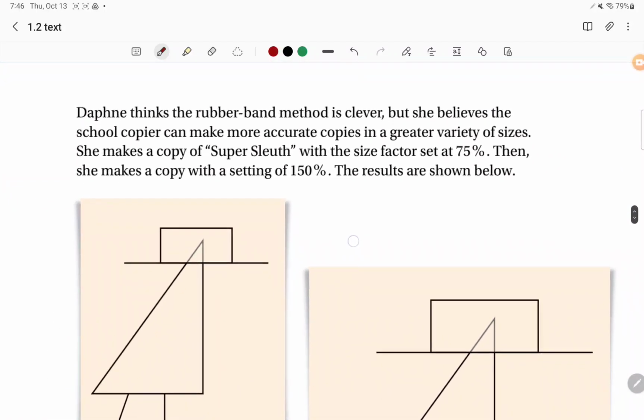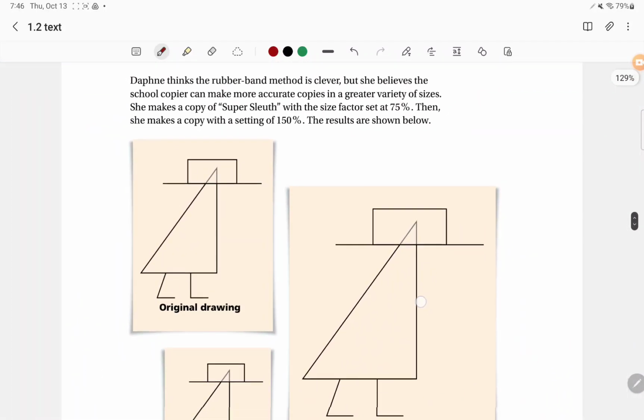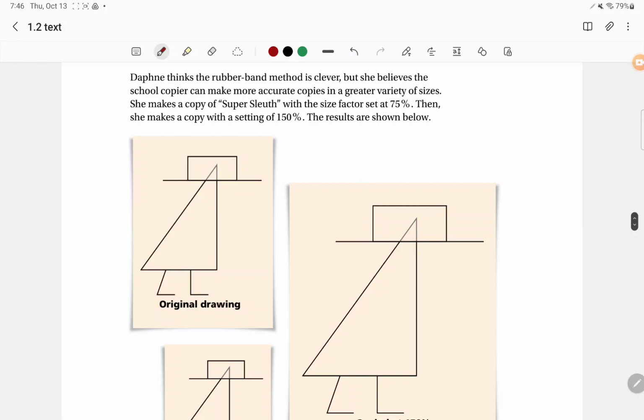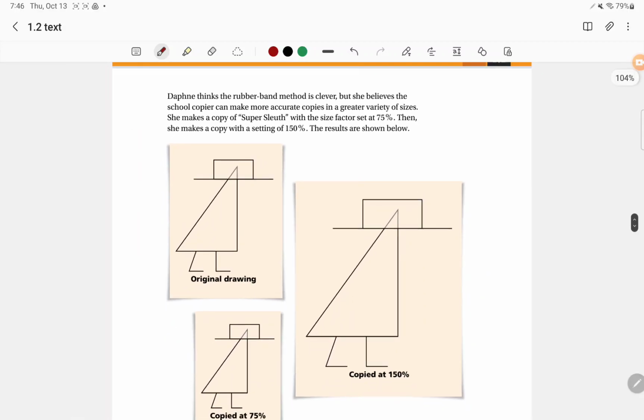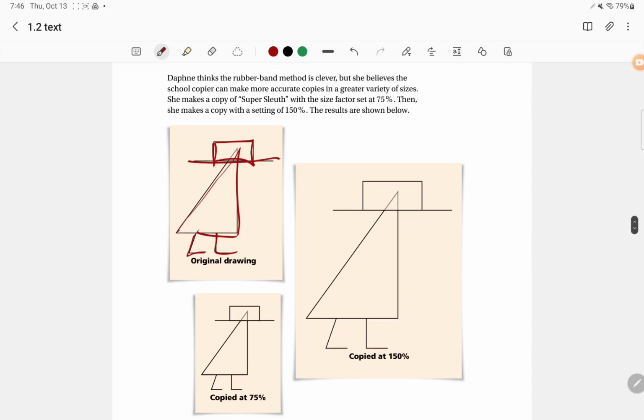Okay, so now let's take a look at setting up our big story, getting back into our story of trying to figure out who that teacher is. So now we have this thing called our super sleuth. This is our detective, this triangle dude or lady with a hat. That is our super sleuth. What Daphne wants to do, here's the original, is either enlarge it or reduce it.